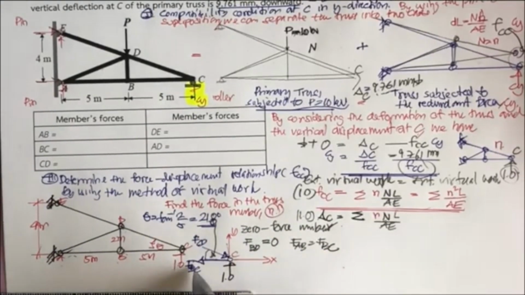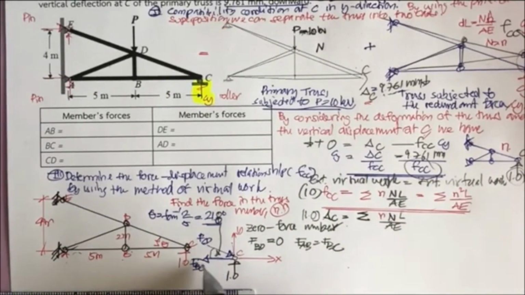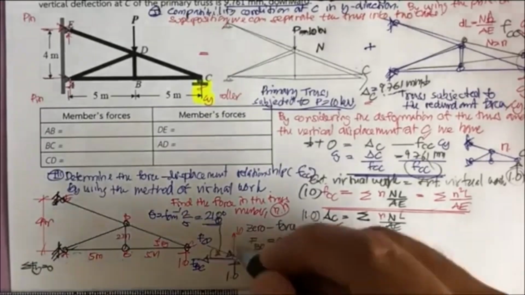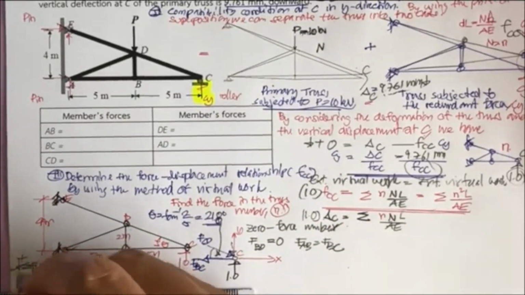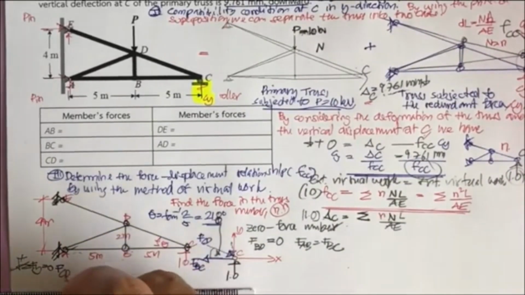will determine this by what? By summation of F sub X? No, with F sub X, you're going to have two unknowns in the equation. So summation of F sub Y equal to 0. And then you're going to have this one downward. So downward is positive. You have F sub CD.